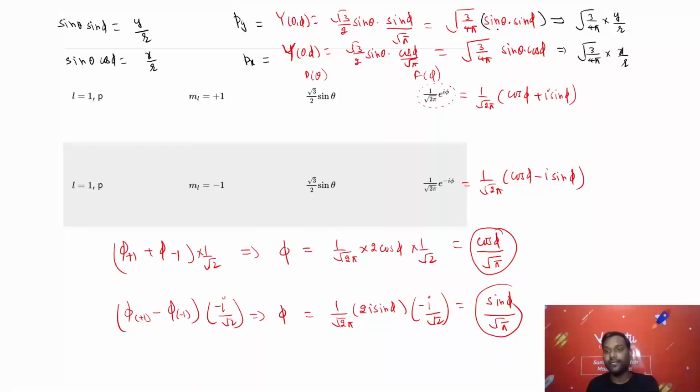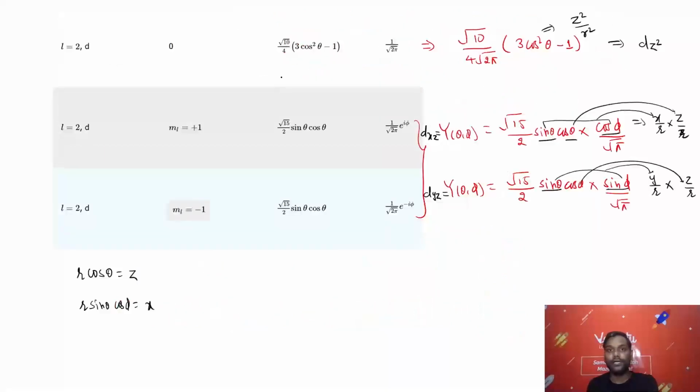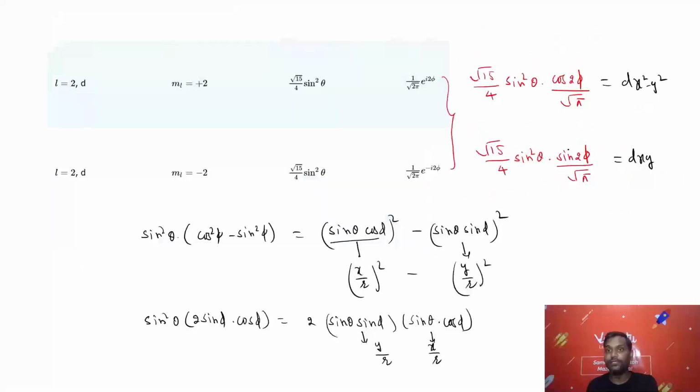Then we replace sine theta sine phi and so on in terms of x, y, z, which we know from the conversion of the polar system to the Cartesian system. So we get the variables, and this gives me the name of that orbital: this is a py orbital, this is the px orbital, this is a dxz orbital, this is a dyz orbital, this is dx square minus y square, and this is dxy orbital, right?